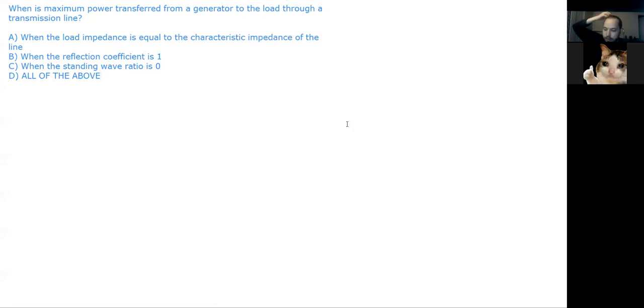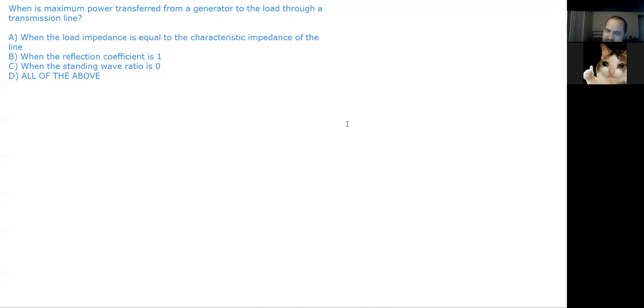So this is another conceptual one. When the load impedance is equal to the characteristic impedance, when the reflection coefficient is 1, when the standing wave ratio is 1.